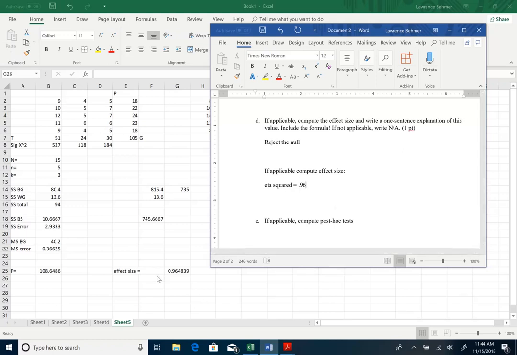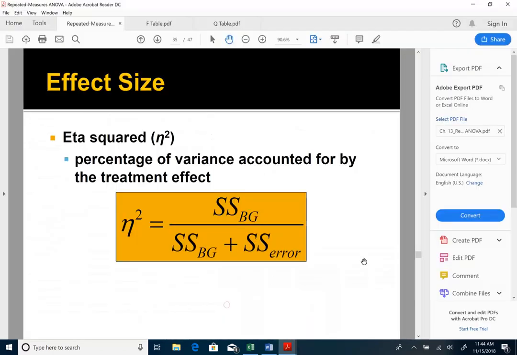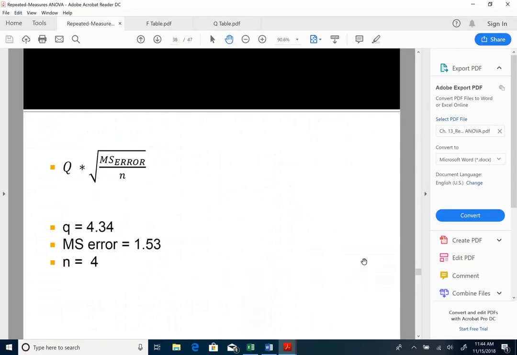Now, if applicable, compute the post hoc test. Okay, great. So remember what we need to look up our Q value. Our little equation is going to be Q times the square root of the mean square error divided by little n.